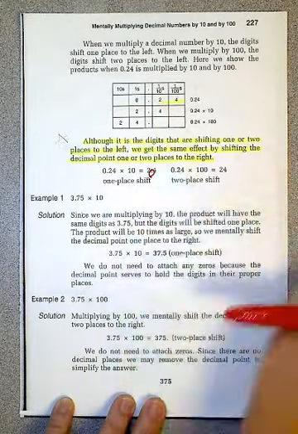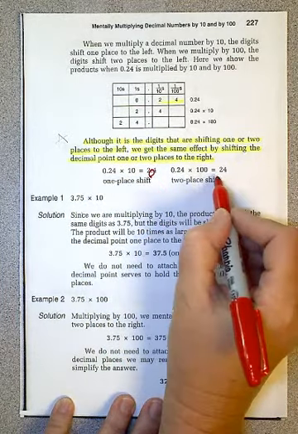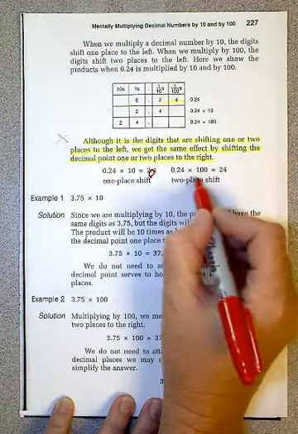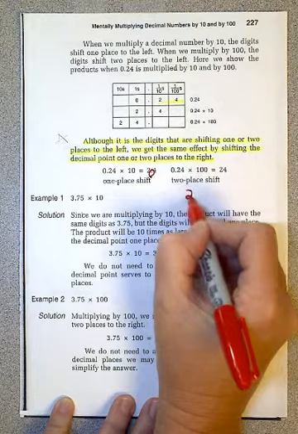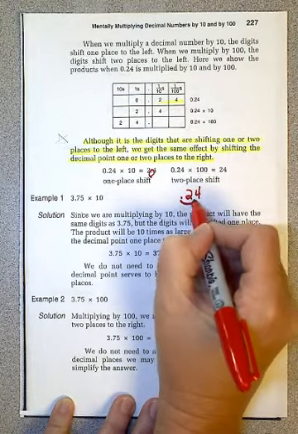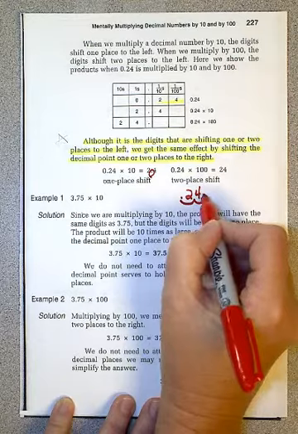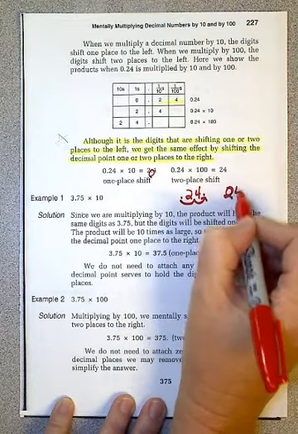When we multiply a decimal number by 100, shift that decimal place 2 spots to the right. Here we go. 0.24 times 100, we'll shift it 2 places. Here is our new decimal, and our answer is 24.